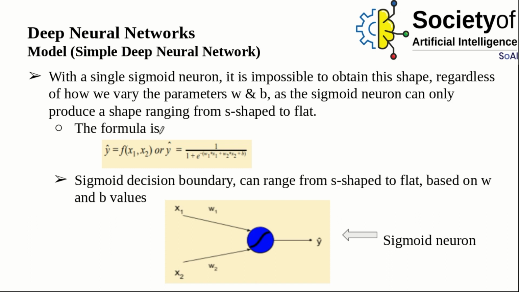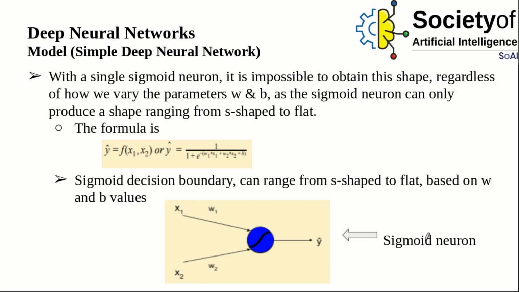So, the formula is y equals 1 divided by 1 plus e to the power minus of w1 x1 plus w2 x2 plus b, where w1 and w2 are the weights for inputs x1 and x2 and b is the threshold. So the sigmoid decision boundary can range from an S shape to flat based on w and b.